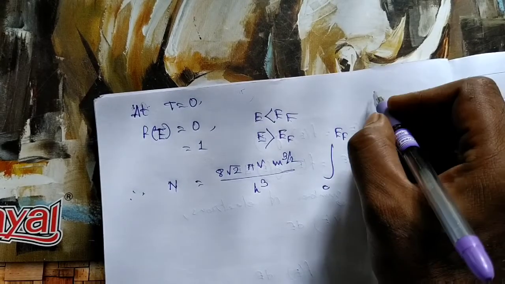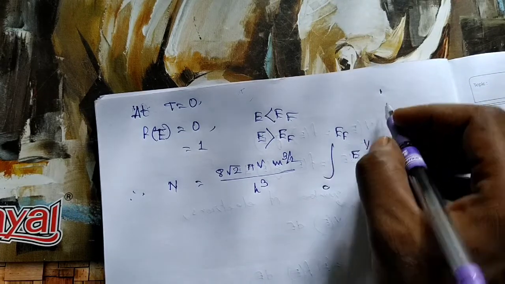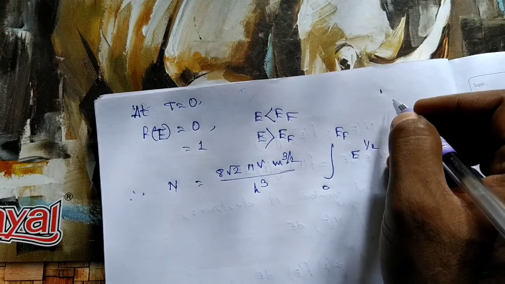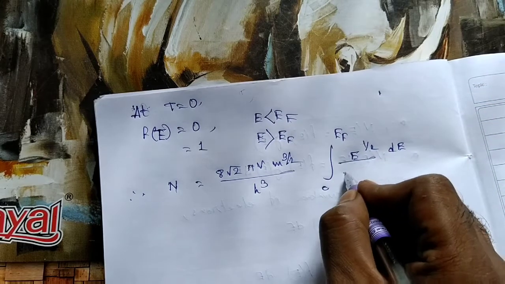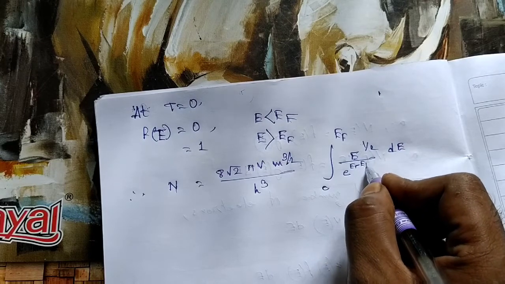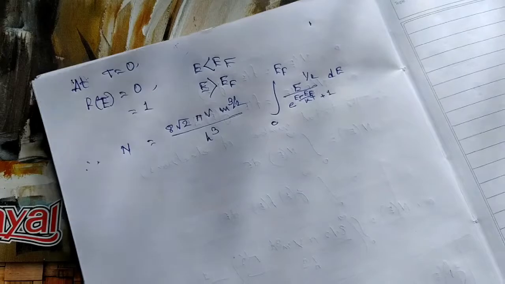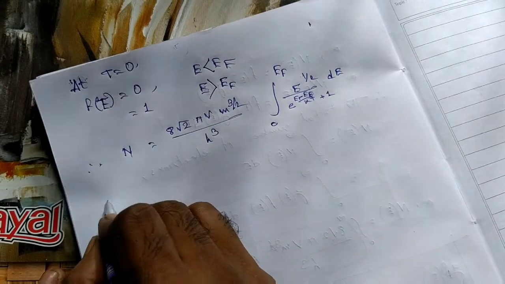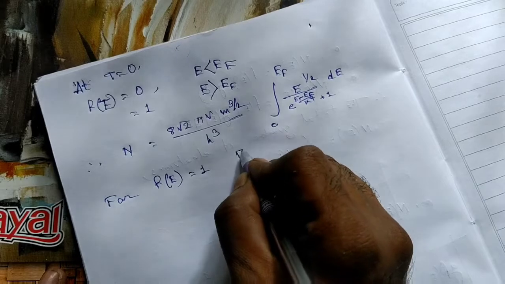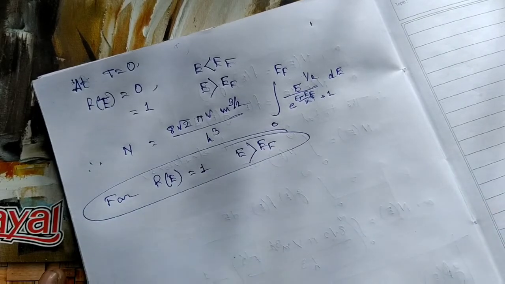dE, and we all know that at E minus EF by kT plus 1. Okay, again for the condition E less than EF, we chose this condition.